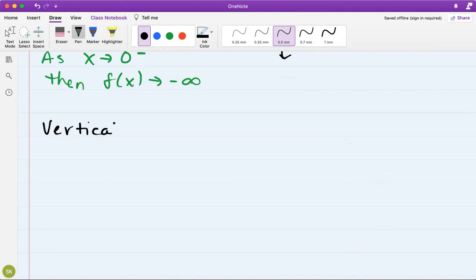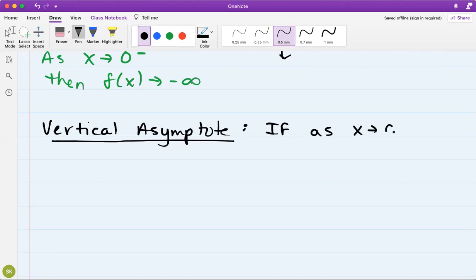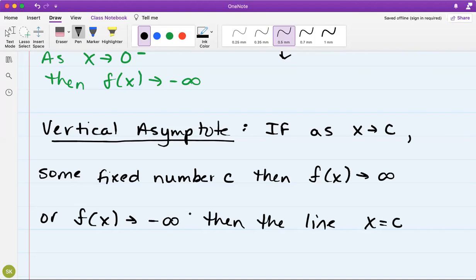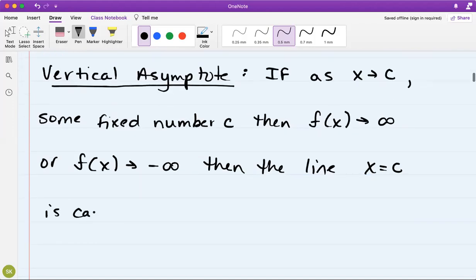So vertical asymptote, if as x approaches c, which is some fixed number c, now from the left or the right, but as you approach it, then f of x approaches infinity, or f of x approaches negative infinity, then the line x equal to c is a vertical asymptote. So it's called a vertical asymptote.